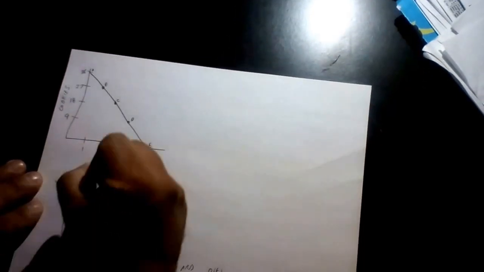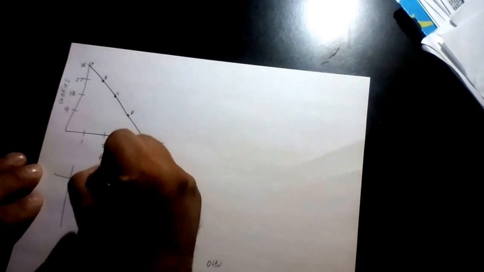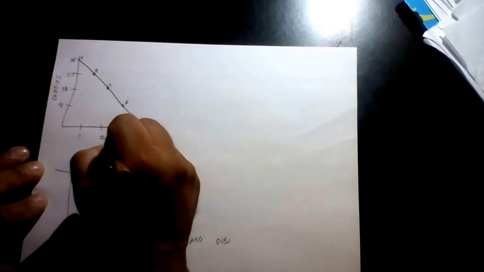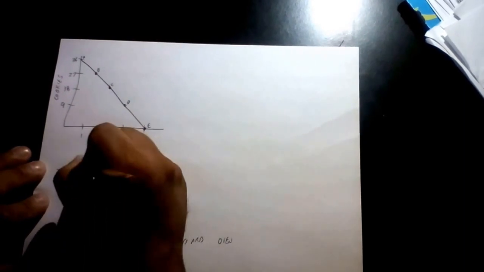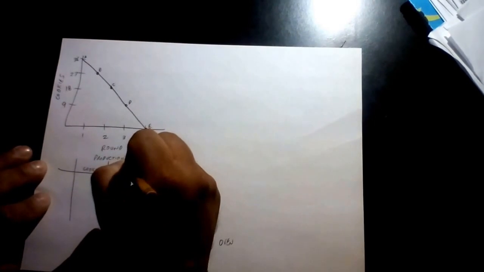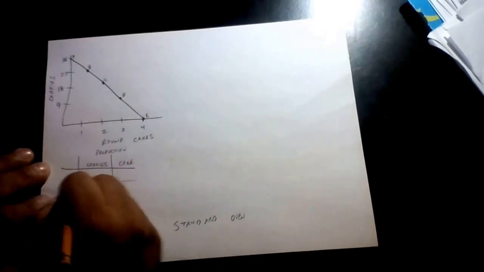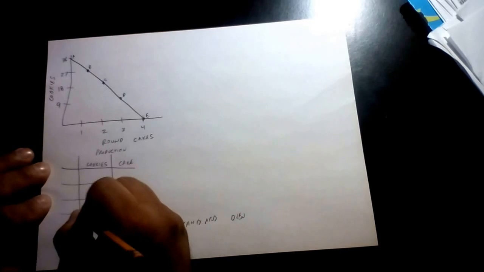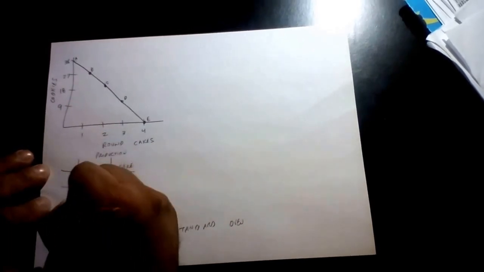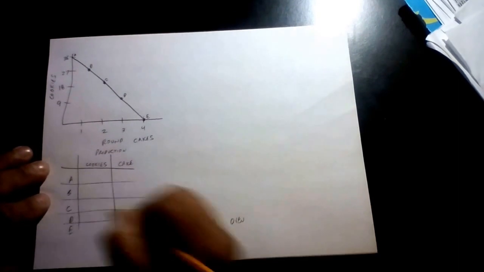So this is illustrated in this chart that I'm drawing now. And this is production for cookies and cakes, and we'll draw for A, B, C, D, and E.